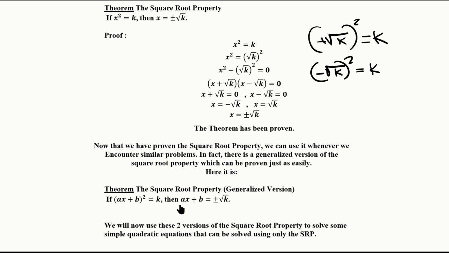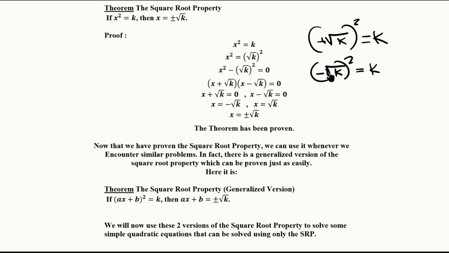We can go ahead and proceed now to use the square root property in many different situations. So we're about to use both of these versions to solve a number of problems. And of course, in this case down here, we're saying some expression squared equals k. So what can that expression possibly be?